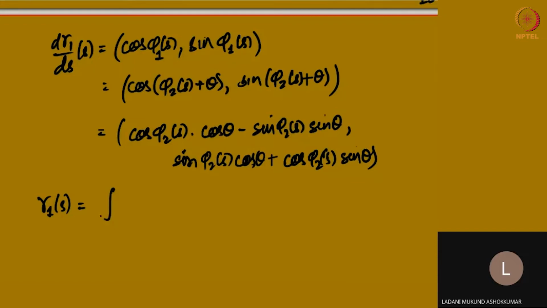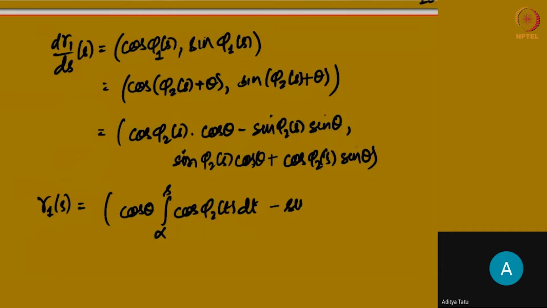So let's say I start at some value alpha, and integrate from alpha to s of cos phi 2 of t. Let me write it. So cos theta is a constant, I can already write it outside the integral: cos theta times the integral from alpha to s of cos phi 2 of t, minus sin theta, it's also some constant, times the integral from alpha to s of sin phi 2 of t.